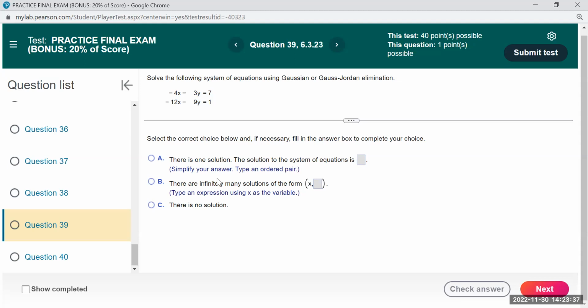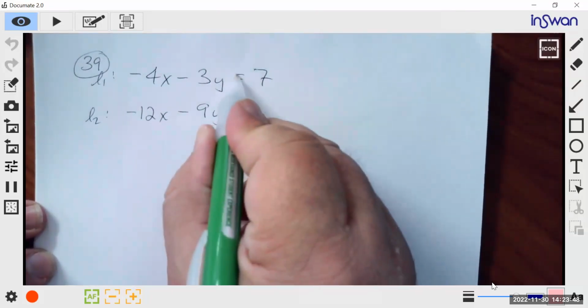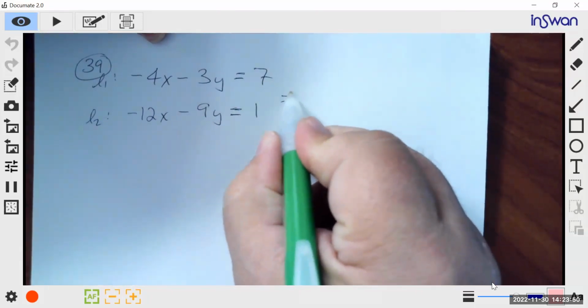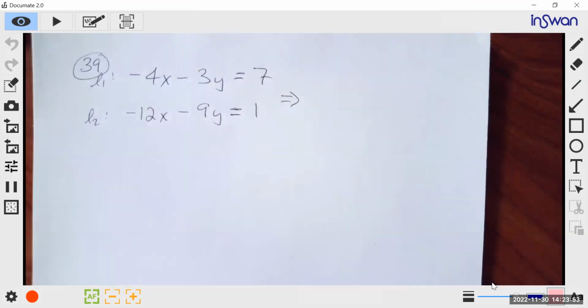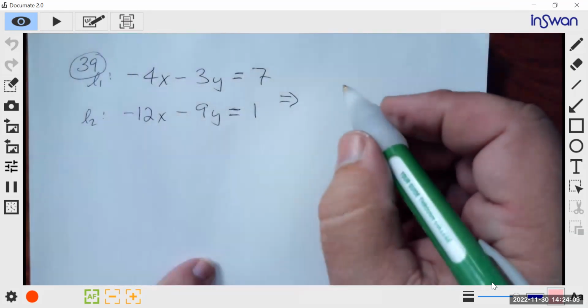This is line 2. This is what's called a system of equations. We learned substitution, elimination, or matrices, Cramer's rule. I like using Cramer's rule, but you can use graphing, substitution, or elimination. So let's use Cramer's rule.